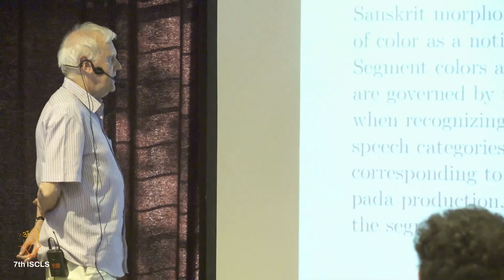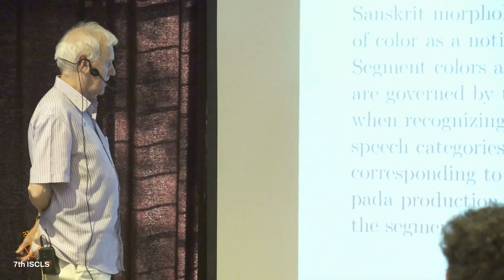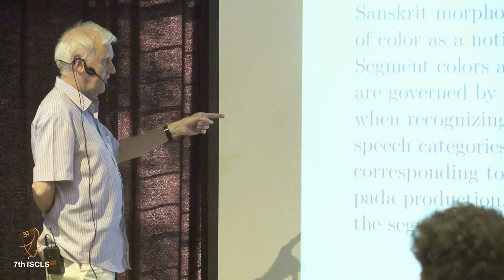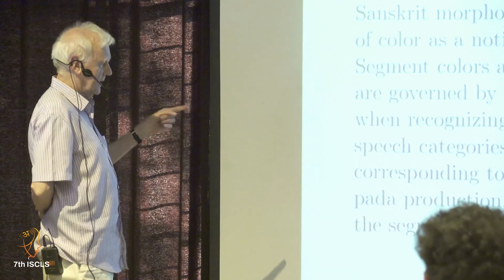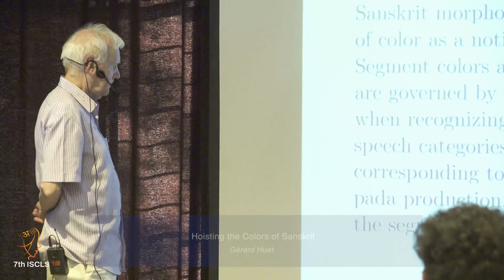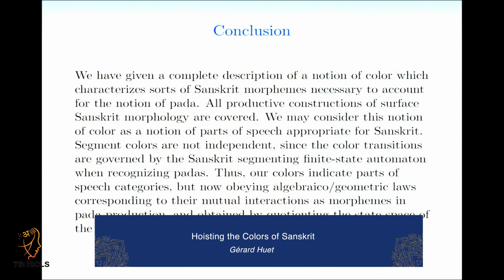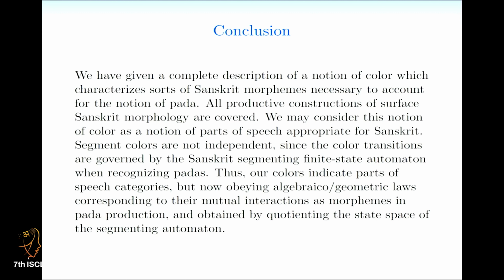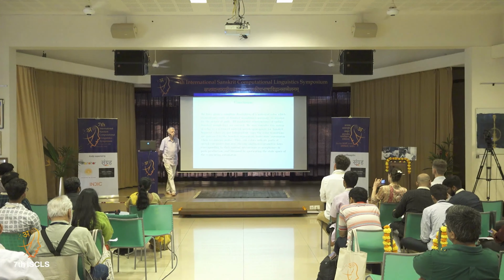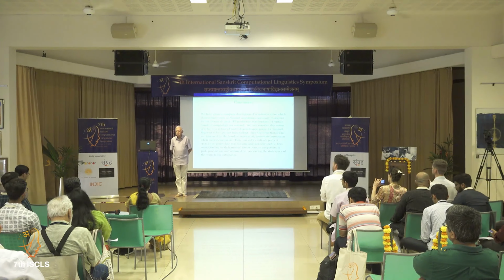Segment colors are not independent since the color transitions are governed by the Sanskrit segmenting finite automaton when recognizing the pada. So our colors indicate parts of speech categories, but now obeying algebraico-geometric laws corresponding to their mutual interactions as morphemes in pada production. So they are obtained as some quotient of the state space of the segmenting automaton. Done.